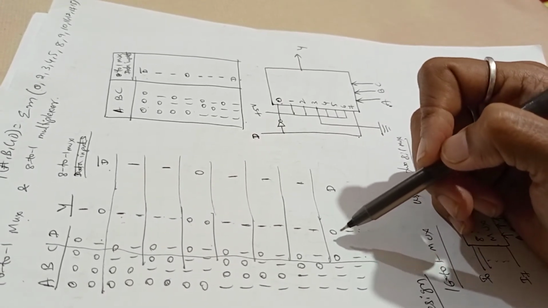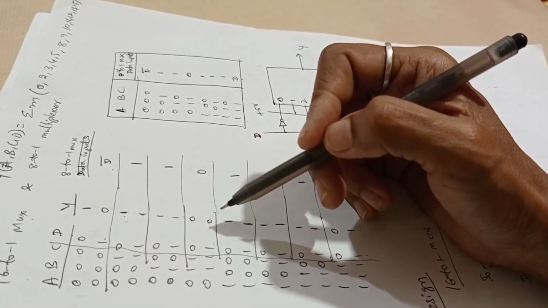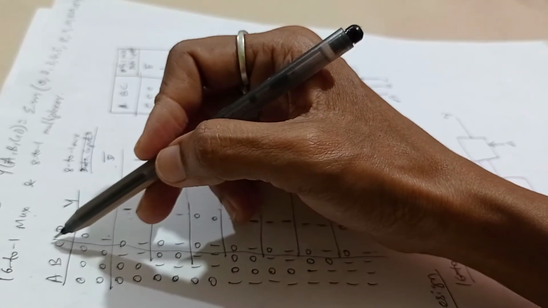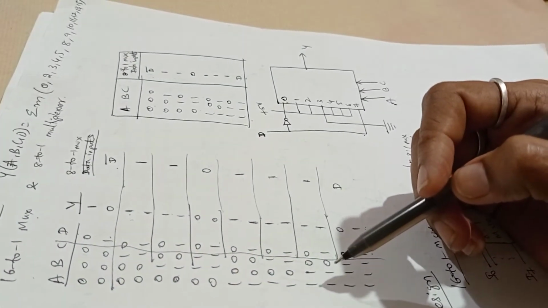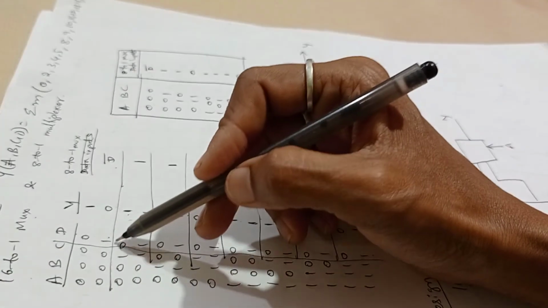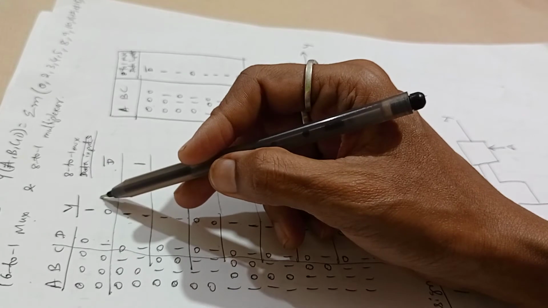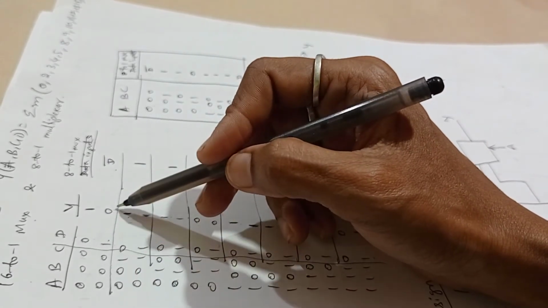Now using the MEV method as we discussed in module 2, take D as the input, that is, the output in terms of input. Consider this: when D is 0, Y is 1, and when D is 1, Y is 0.